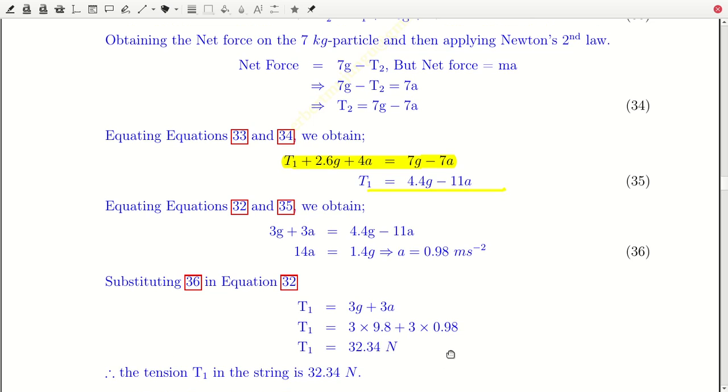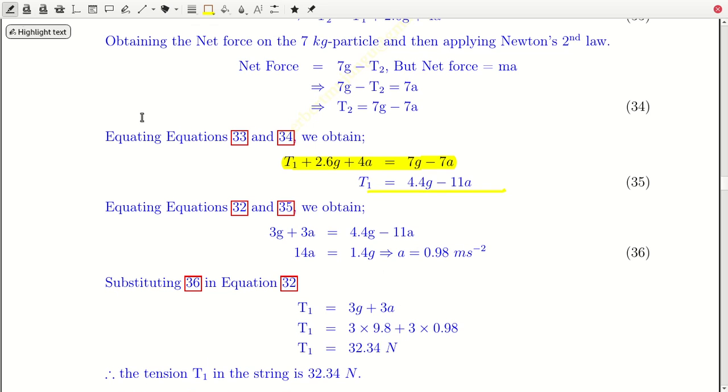Then to get the tension, if I substitute the value of acceleration in equation 1 which we had got, which was T1 equals 3g plus 3a, and simplify, I will be able to get tension 1.